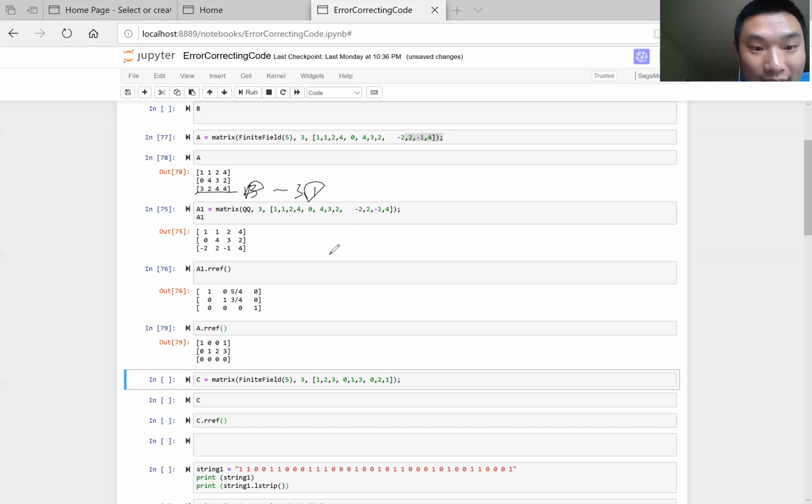Then what we should have for the first place is definitely 0. Then for the second place, we have 2 minus 3 times 1, which is negative 1. But we shouldn't have a negative 1 here. All the numbers we have there should be either 0, 1, 2, 3, or 4, right? So for negative 1, we take the remainder, that should be 4.